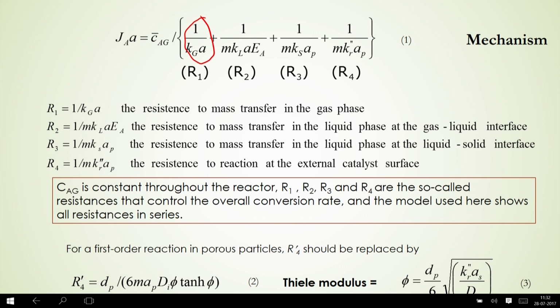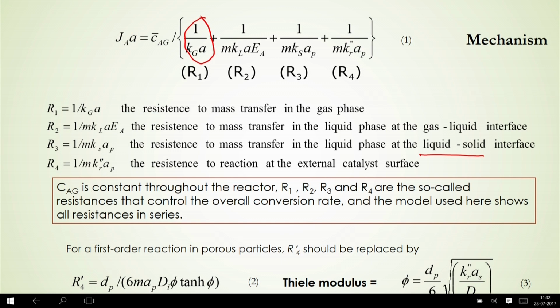So, first gas to liquid, then liquid to solid. There will be an interface between liquid and solid here also, and then R4, another resistance, is called the resistance to reaction at the external catalyst surface.